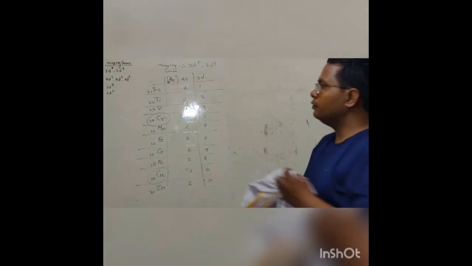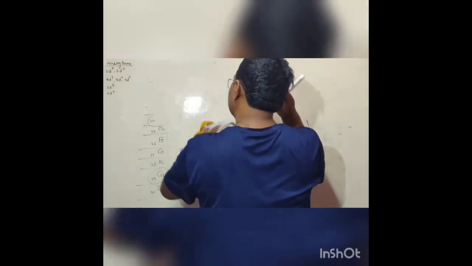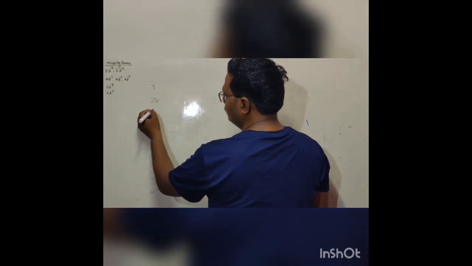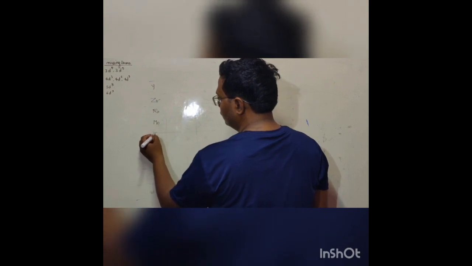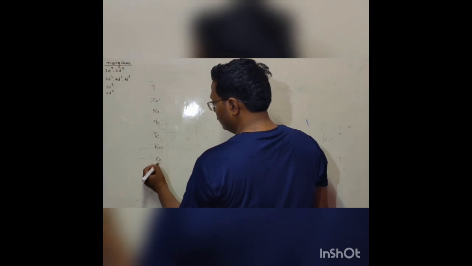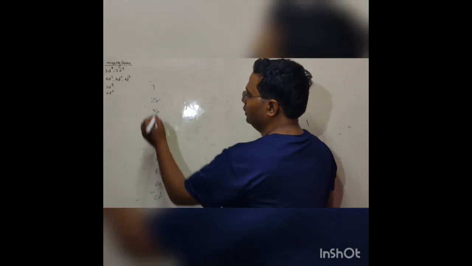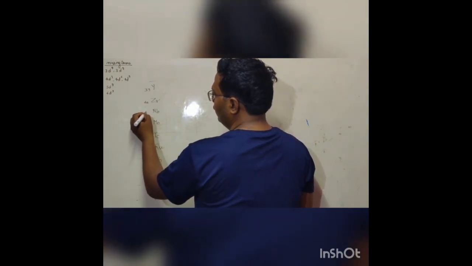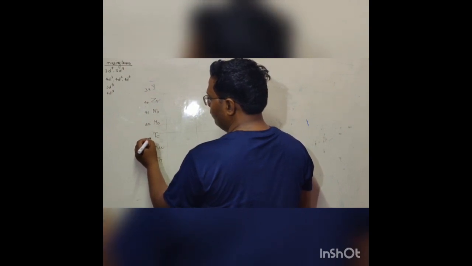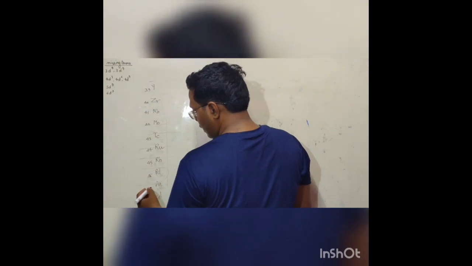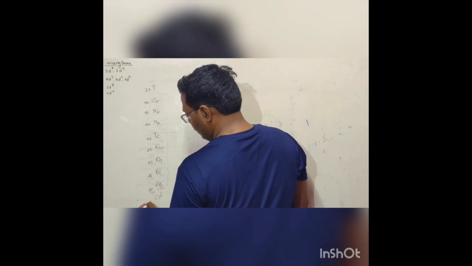Let us see how. In 4d series, the elements are yttrium 39, zirconium 40, niobium 41, molybdenum 42, technetium 43, ruthenium 44, rhodium 45, palladium 46, 47 and 48.